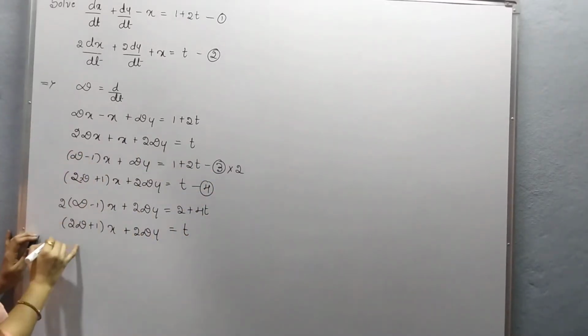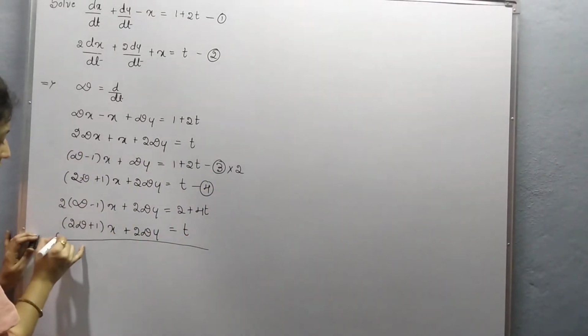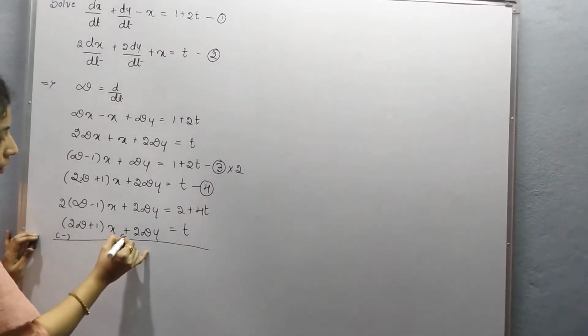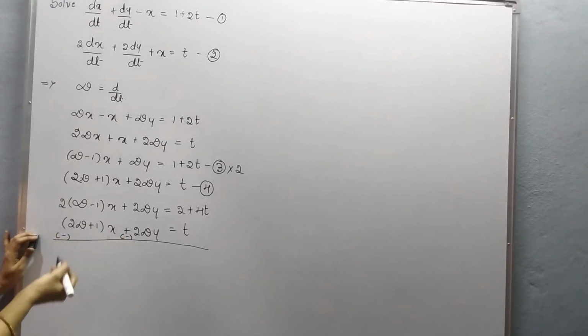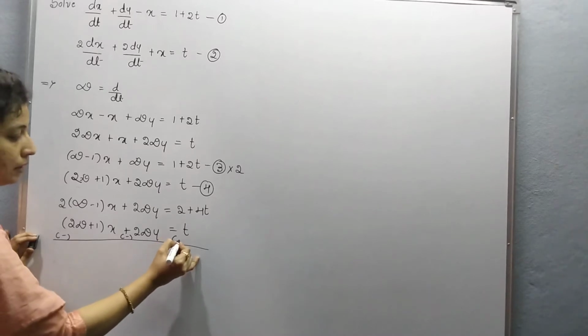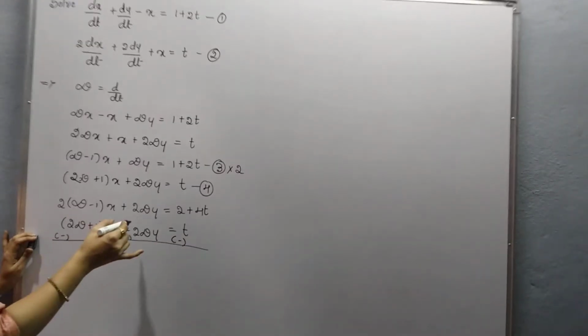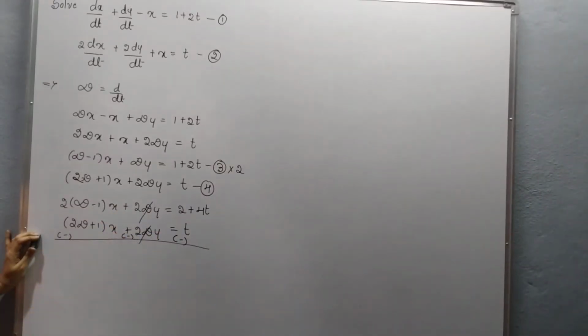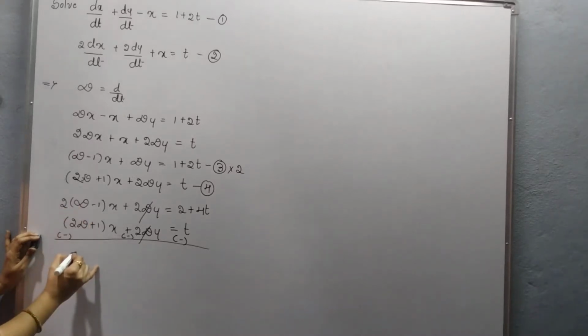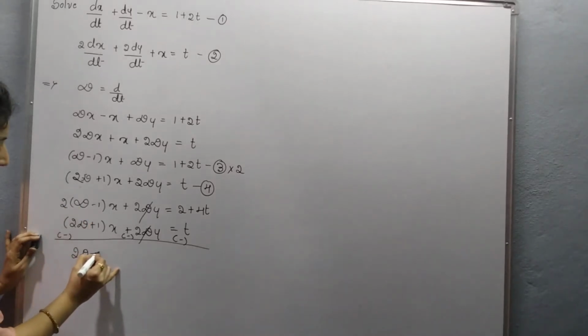Subtracting equation 3 and equation 4 means the sign of the second equation will change. If we have plus, then it is minus; if we have minus, then it is plus. So here the terms plus 2 Dy minus 2 Dy get cancelled.